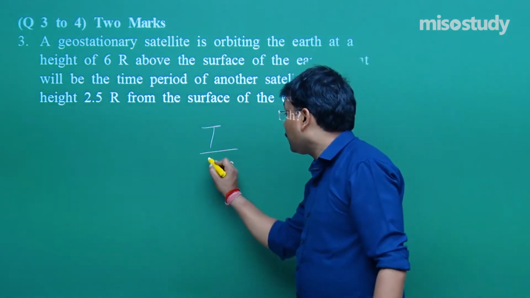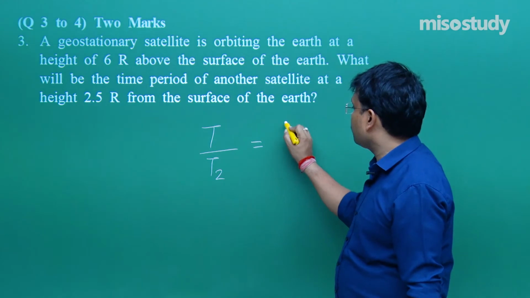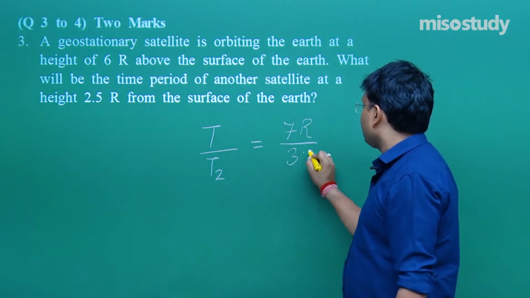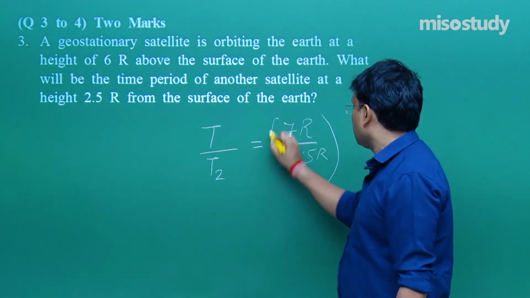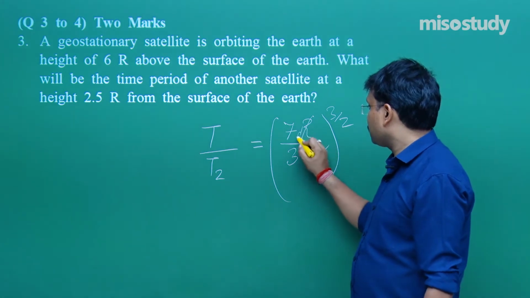We will put it like that. And then it is T2. So for that reason it is going to be 7r over 3.5r whole to the power 3 by 2. r cancels, it is 2.